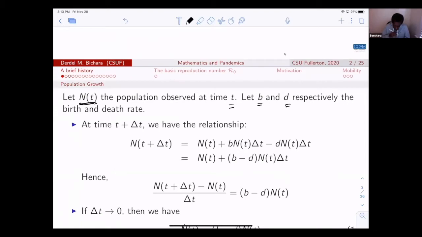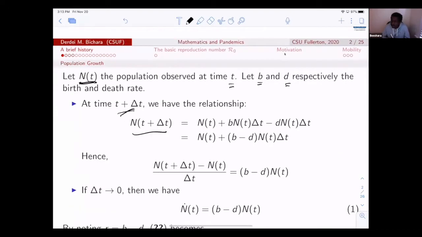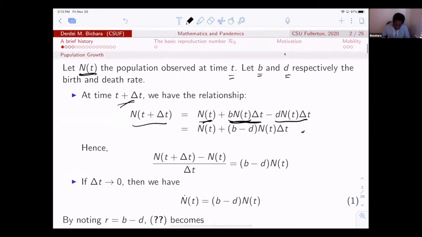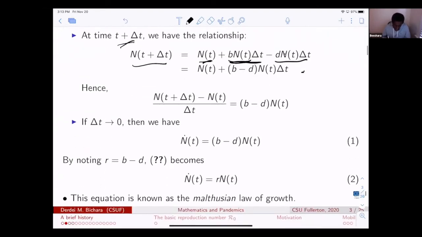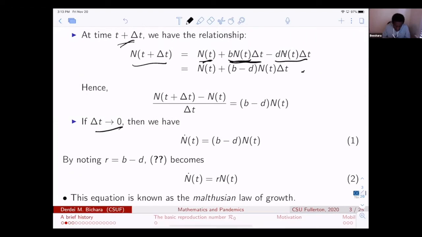So at time t plus delta t, what do we get? N of t plus delta t is exactly equal to the previous population plus those who are born minus those who died. If we take the limit as delta t goes to 0, we get this nice differential equation.